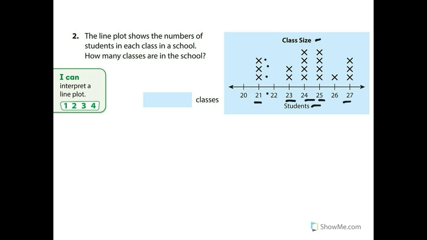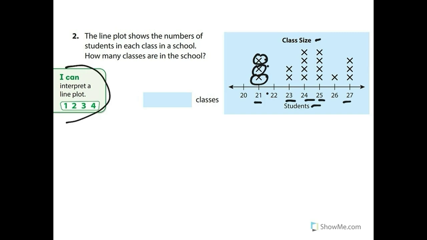Does it want to know how many students are in the school? No, it wants to know how many classes. So each of these represents a class. So count those up real quick. Right? Yeah, see it says I can interpret a line plot. This is what it means by interpreting a line plot. We're answering questions from the data the line plot gives us.